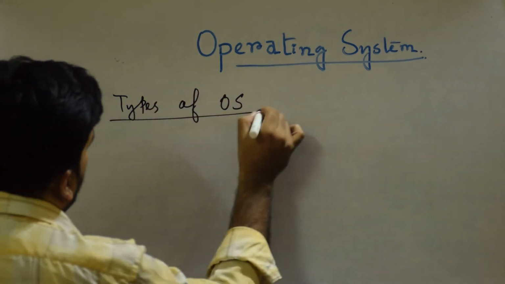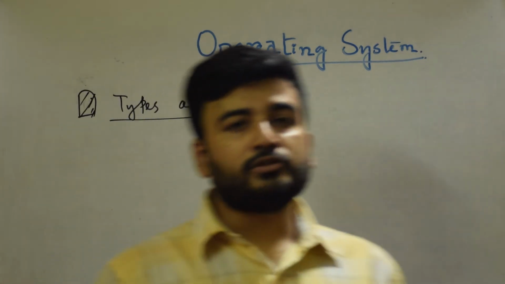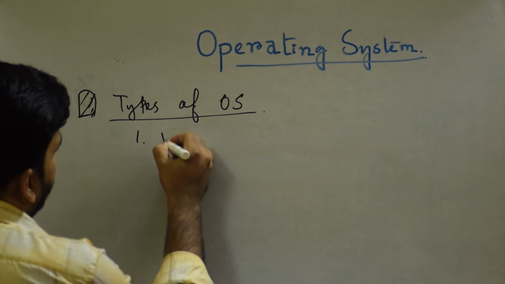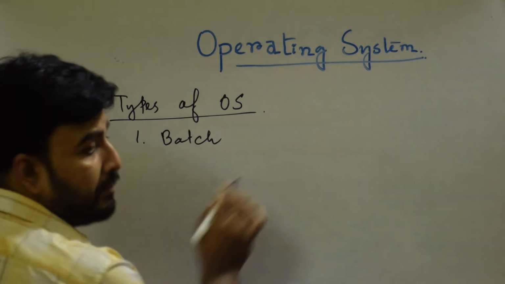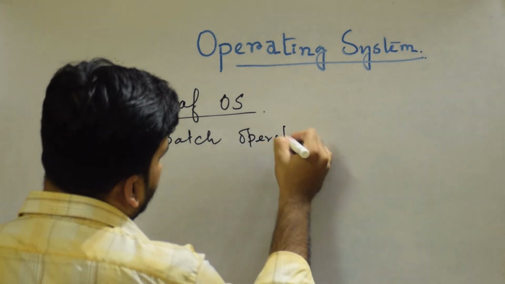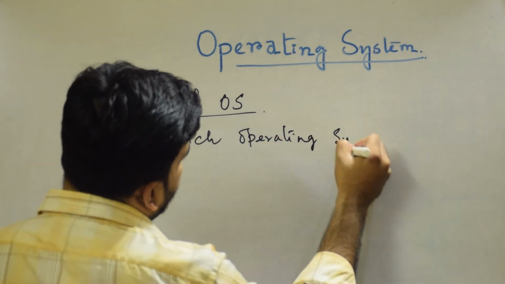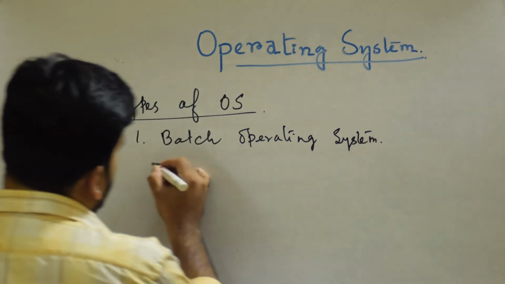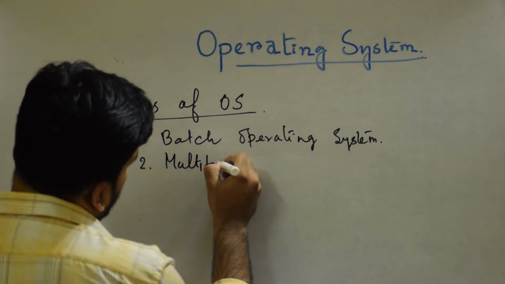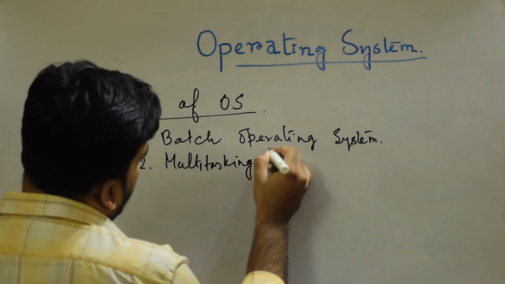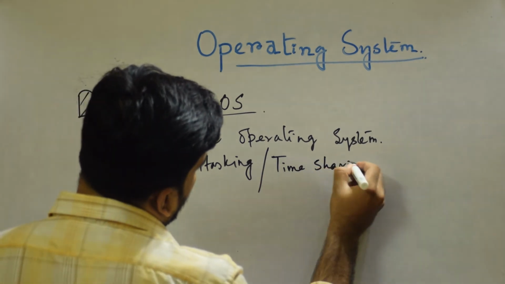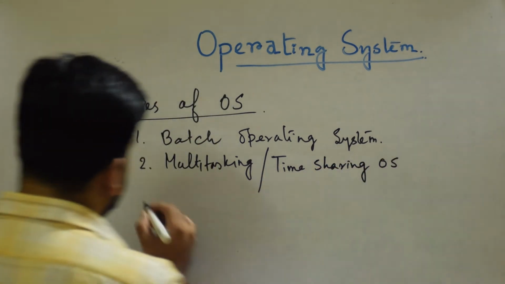So the next topic is types of operating system. Number one is batch operating system. Number two, multitasking or time sharing operating system.